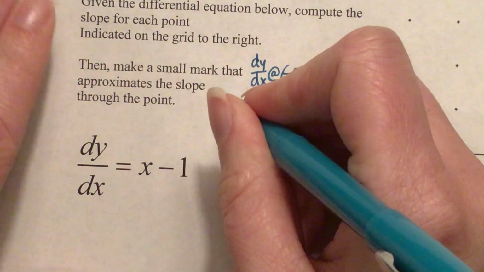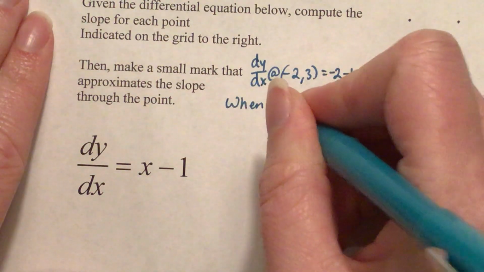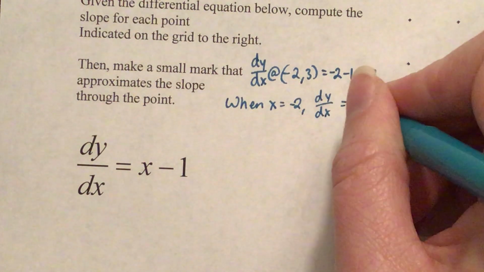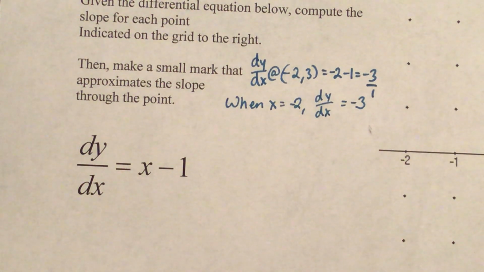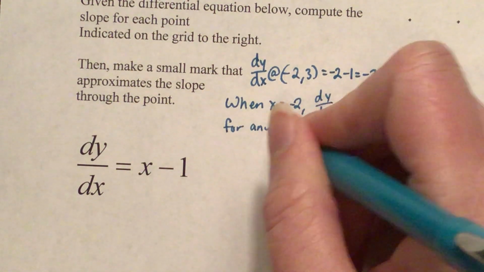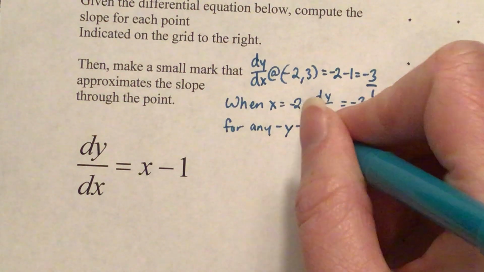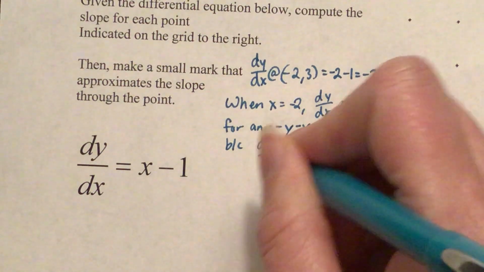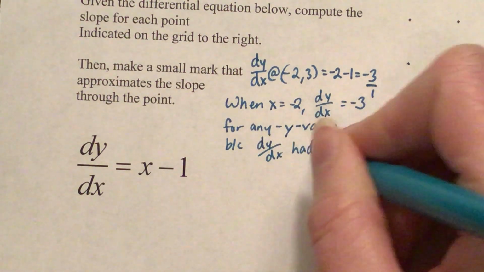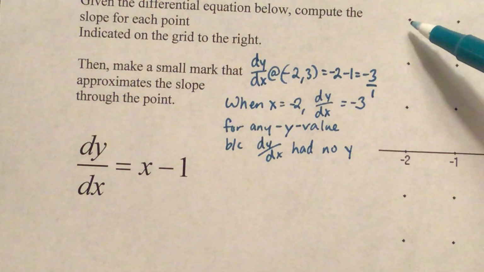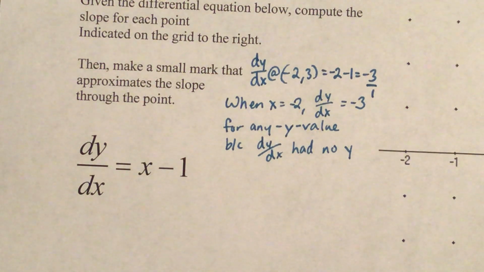So when x equals -2, dy dx equals -3. And that's going to work for any y value. And that's because dy dx had no y in it. There was no variable y over here to plug in. So every y value for that x value is going to have the same slope.